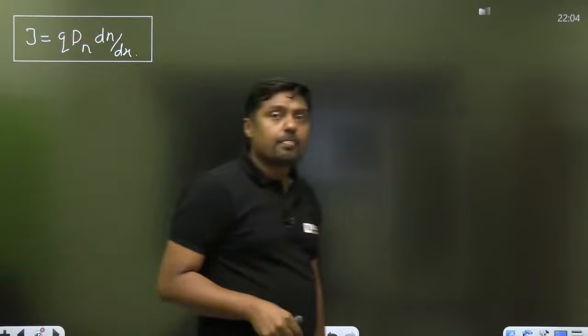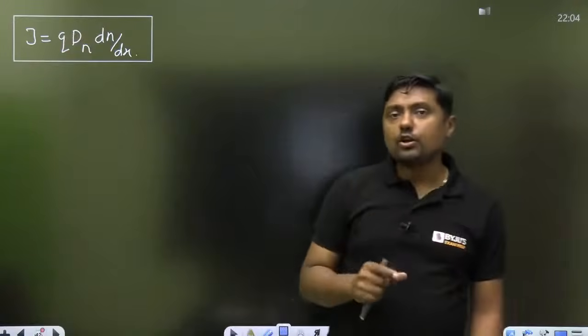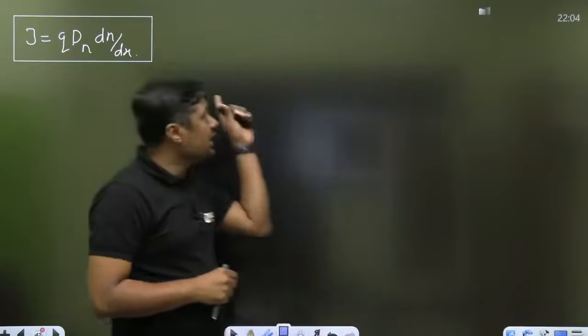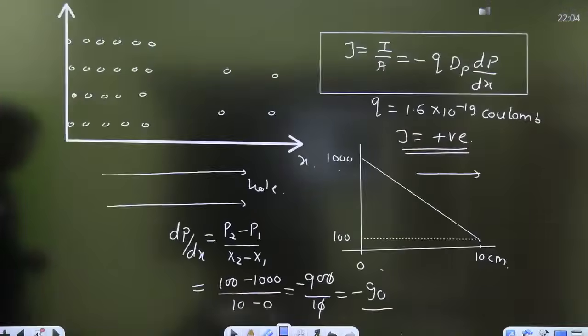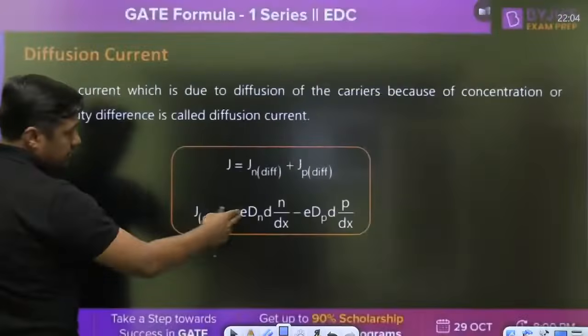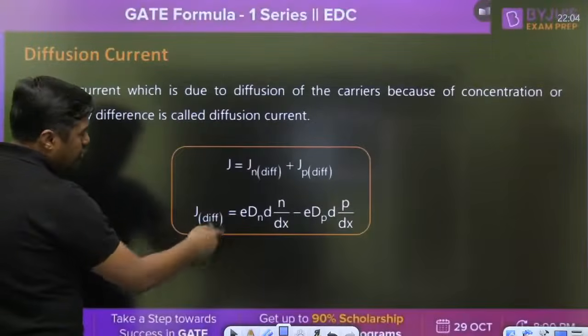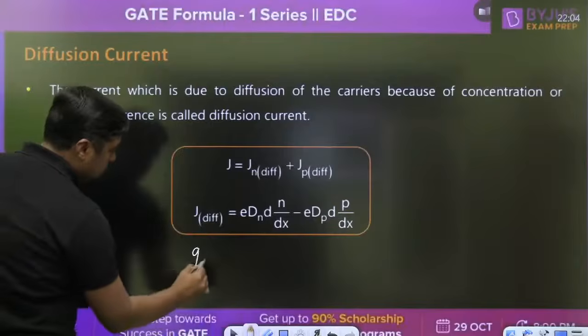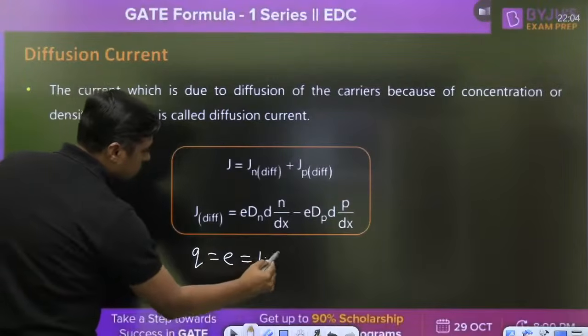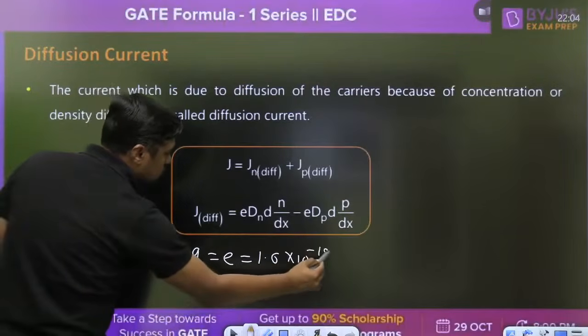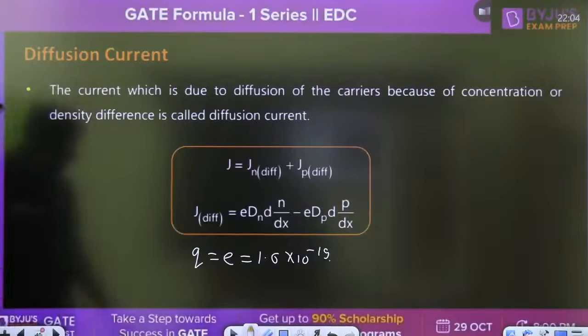That is the formula for electron and hole diffusion current density. So here this is for electron, q or e, same thing. Right, next one.